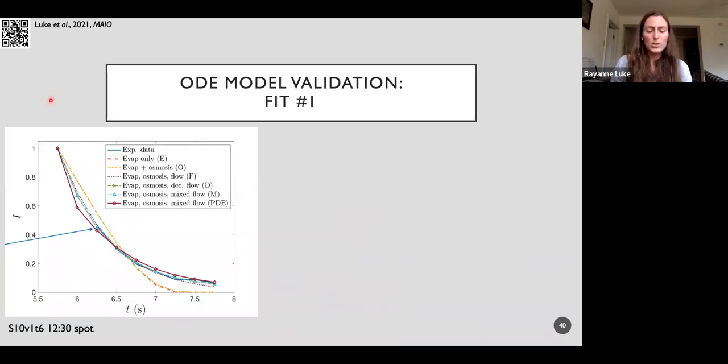Okay, so here are some results. The blue curve, which is a little hard to see, is our experimental data. And then we're fitting with a hierarchy of our models. And we include the central data from the PDE just for comparison.